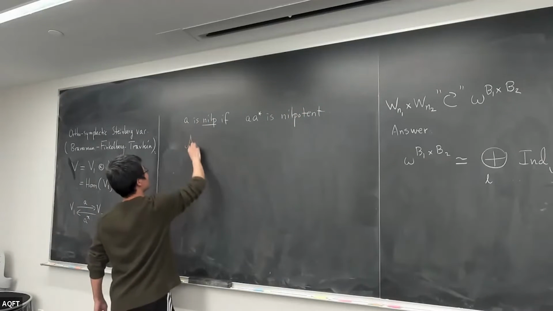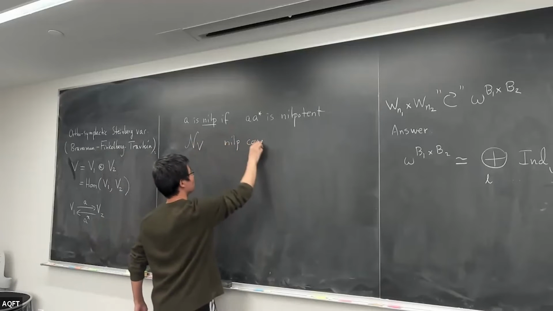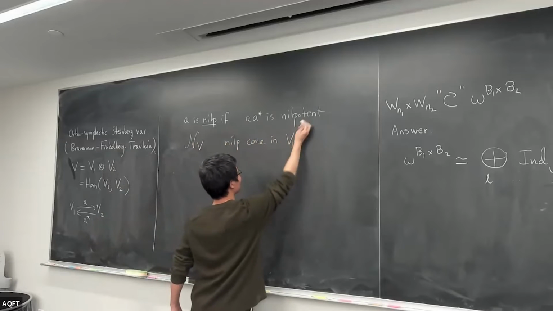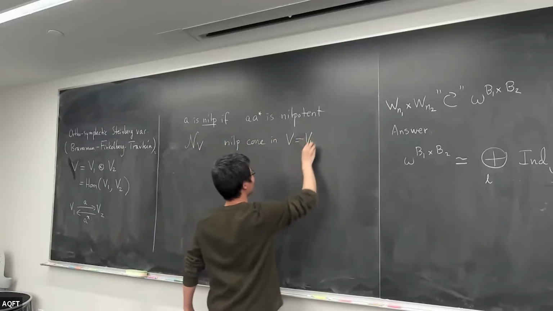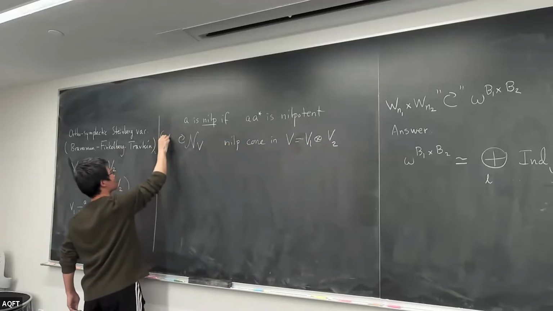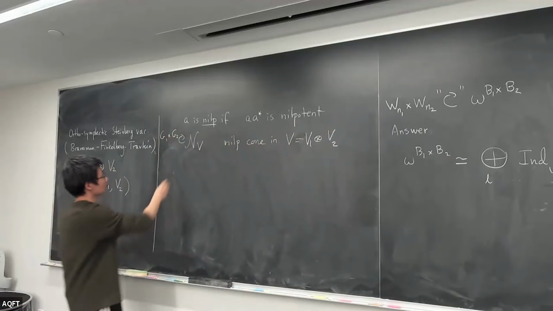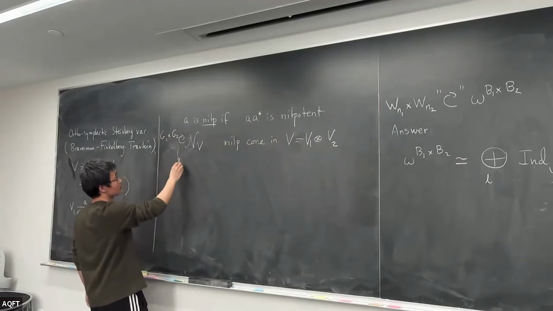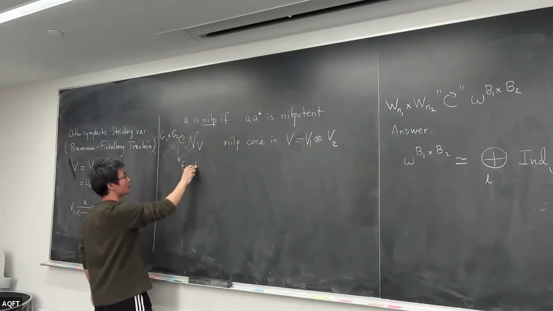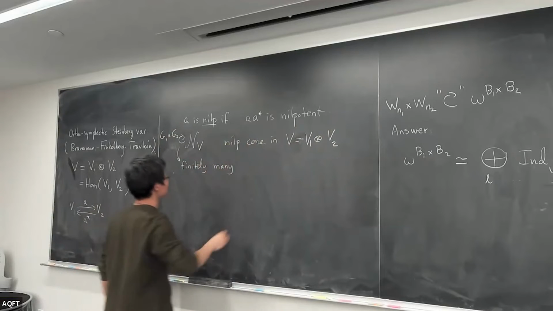So this way we get a nilpotent cone. V still carries the action of the group G1 times G2. And this action has finitely many orbits. We'll see more about how orbits are classified.